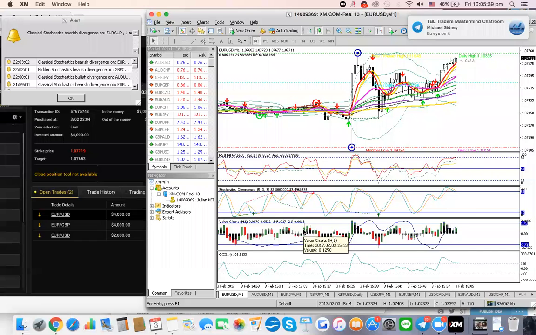Wait for the close beneath the moving average to be sure. Otherwise, see it's going to touch this again.